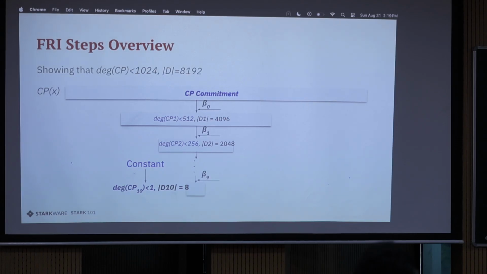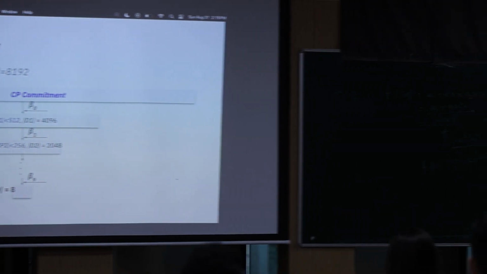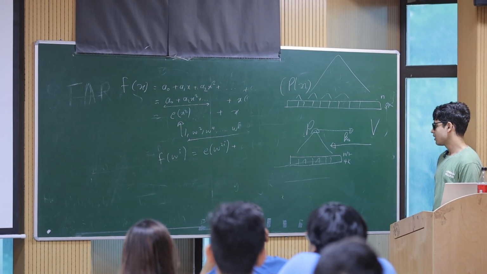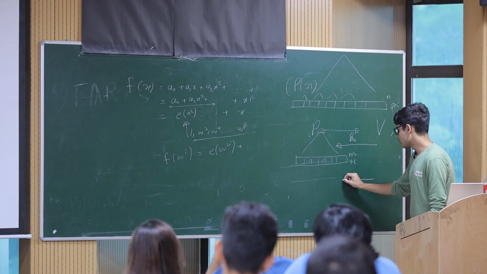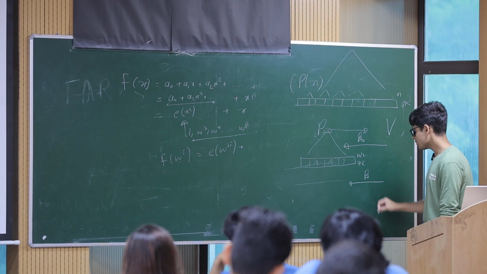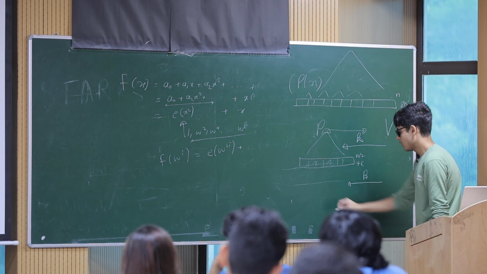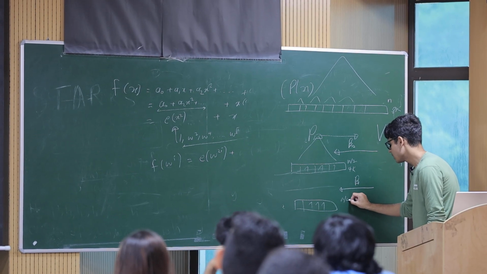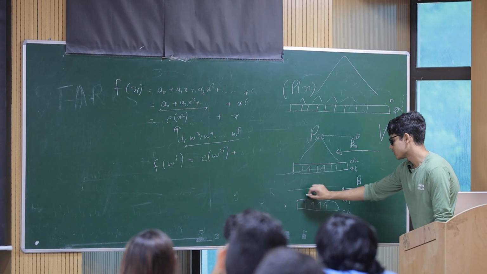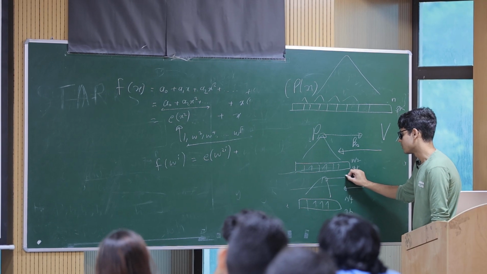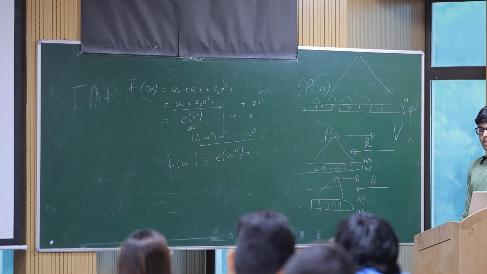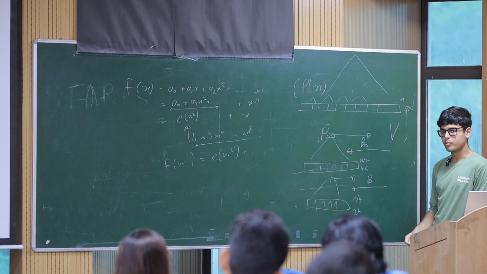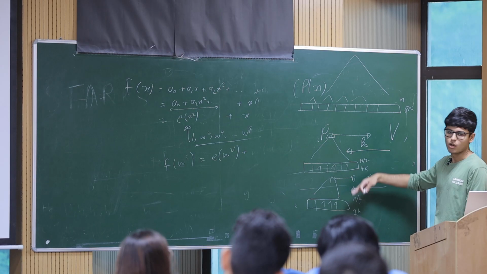We construct a Merkle tree and send back the root. Then again the verifier gives another beta one. For this new polynomial, it does the same operation. We get degree n by 4, 2k points, construct a Merkle tree and send the root. Beta is used in the FRI operator, which is used to divide the polynomial. I'll explain that.